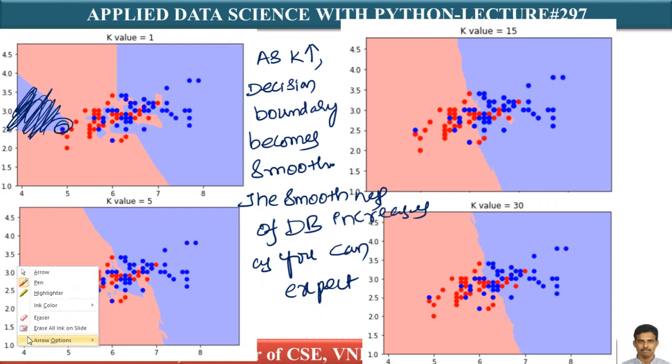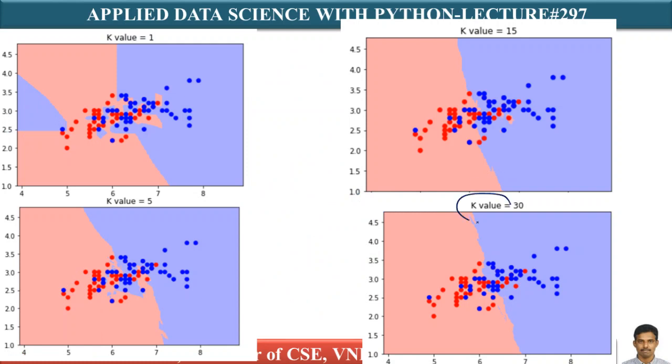If you observe carefully, for k equal to 30, if you take any query point here, there are no points which are close to it, since all the points are far away from this region.